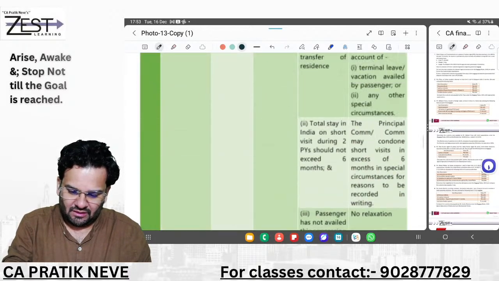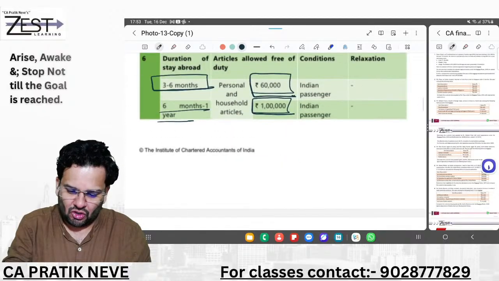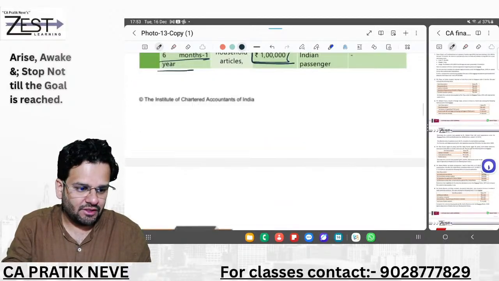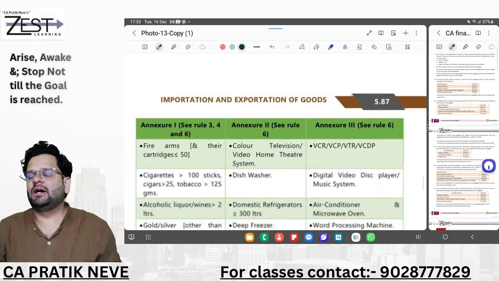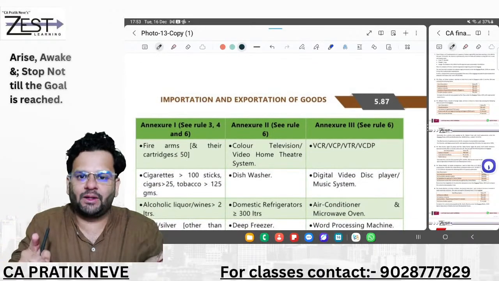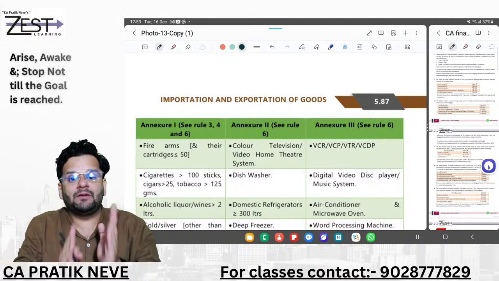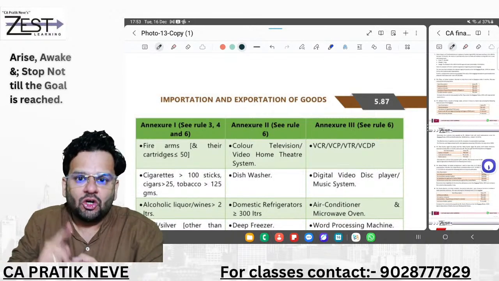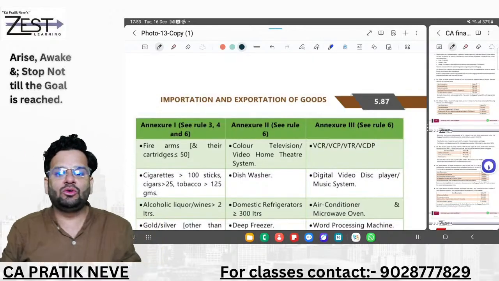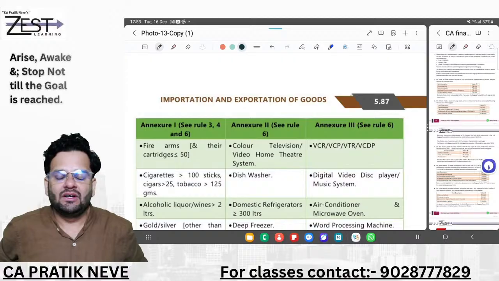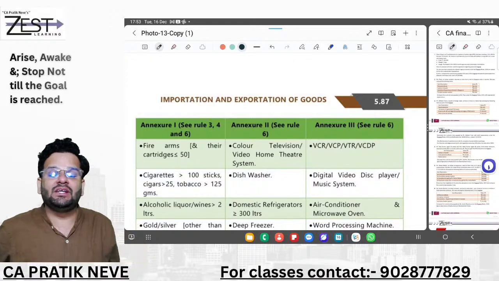Now if this all is clear to you, then we will go ahead and we will see. One more thing I wanted to tell you. Under rule number 5, did you understand? Jewelry will be allowed duty free only if your stay abroad exceeds 1 year. Don't forget that. Otherwise, students are very obsessed with the limits.